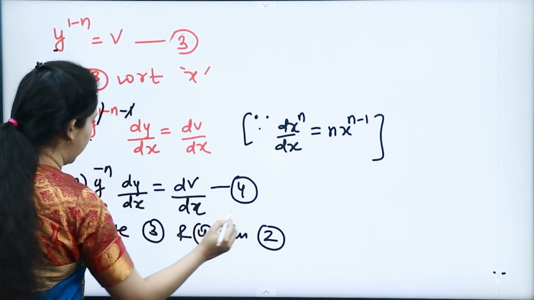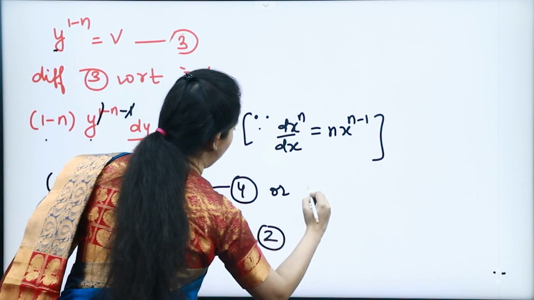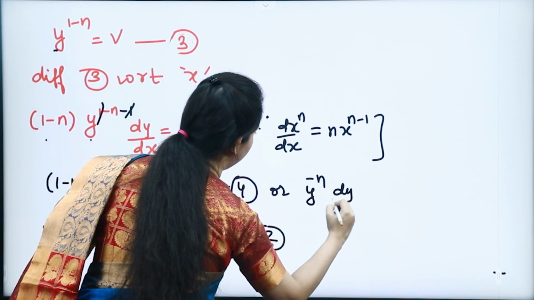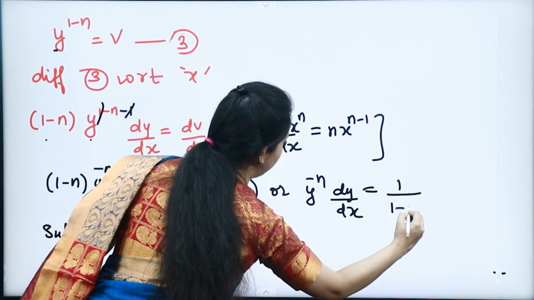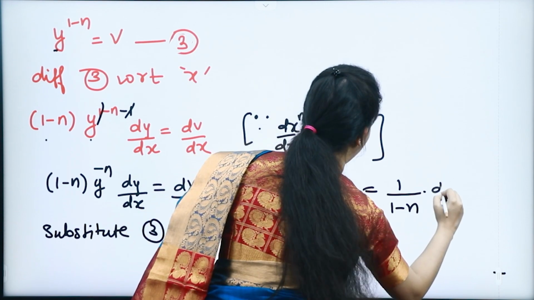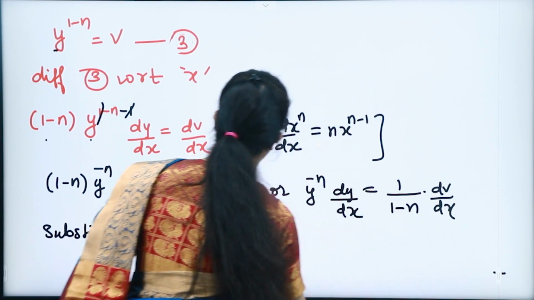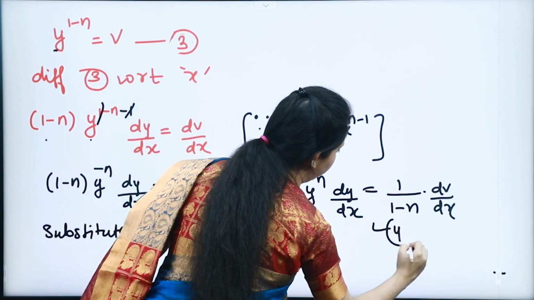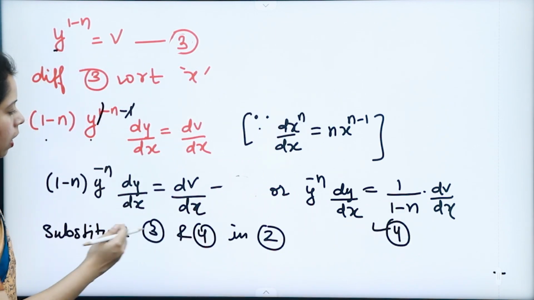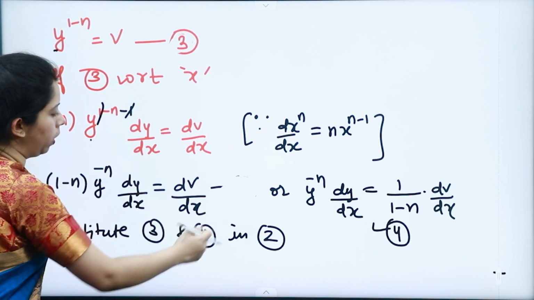You can also write it as y raised to the power minus n, dy over dx is equal to 1 divided by 1 minus n into dv by dx. So, we can substitute equation 4 and the value of 3 and 4 in equation 2.